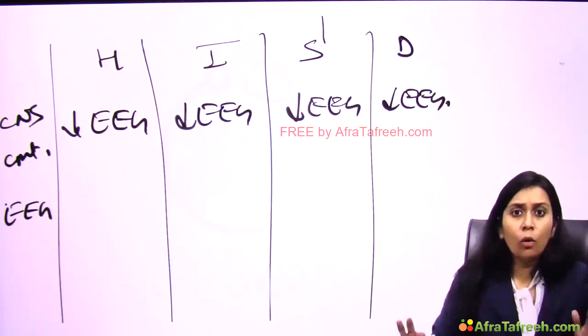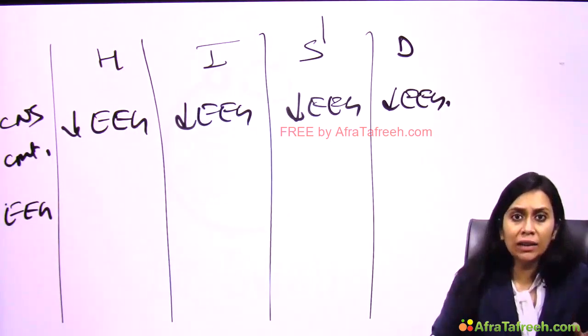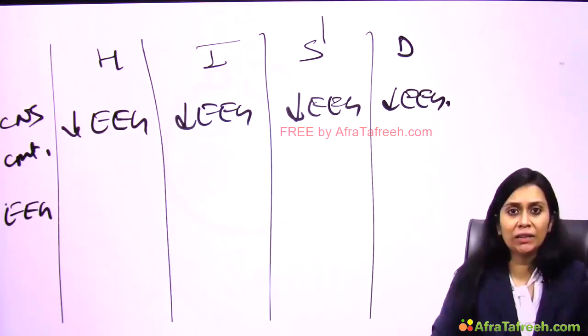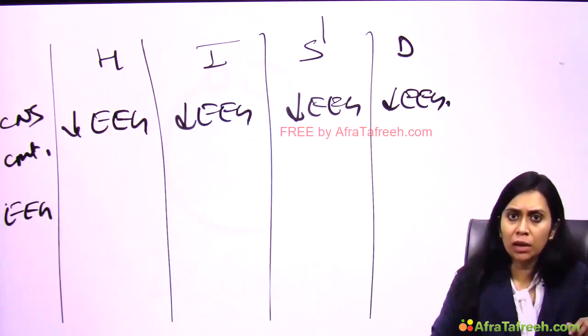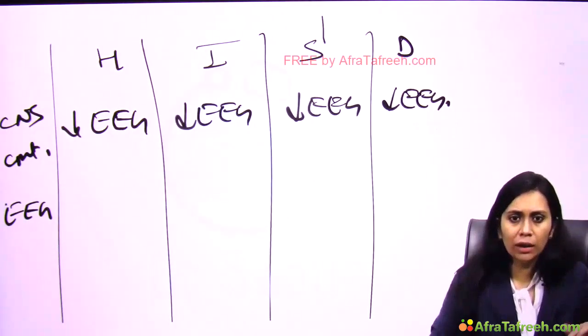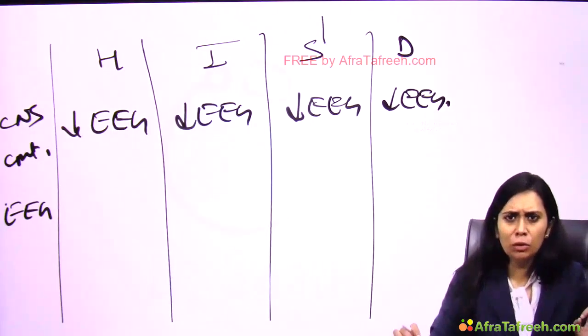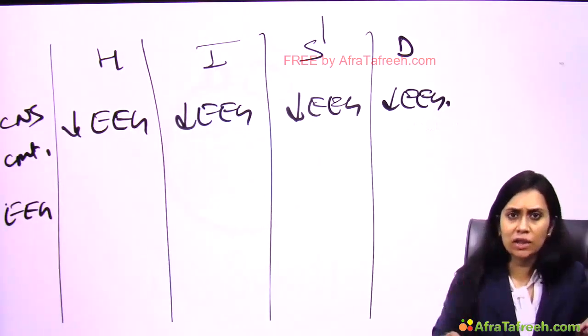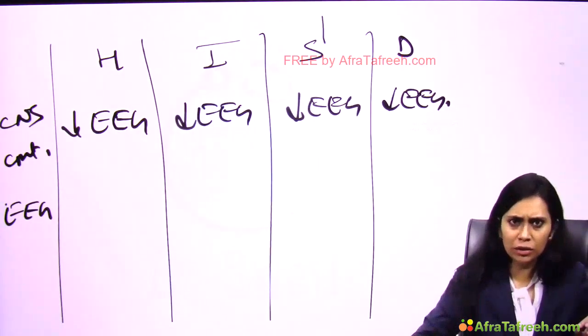Only an anesthetic agent that increases EEG activity should be avoided in a patient with epilepsy. Otherwise, all anesthetic agents decrease EEG activity, brain activity, and are anti-epileptic. Got my point? Here I want to note for you the conditions which decrease and increase EEG activity. See on the screen.